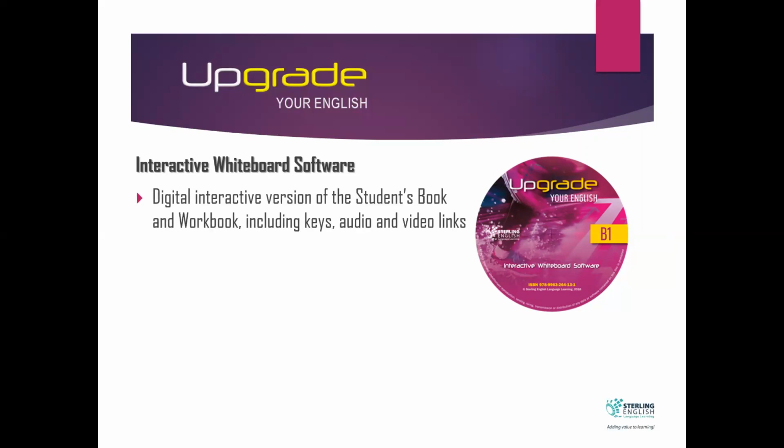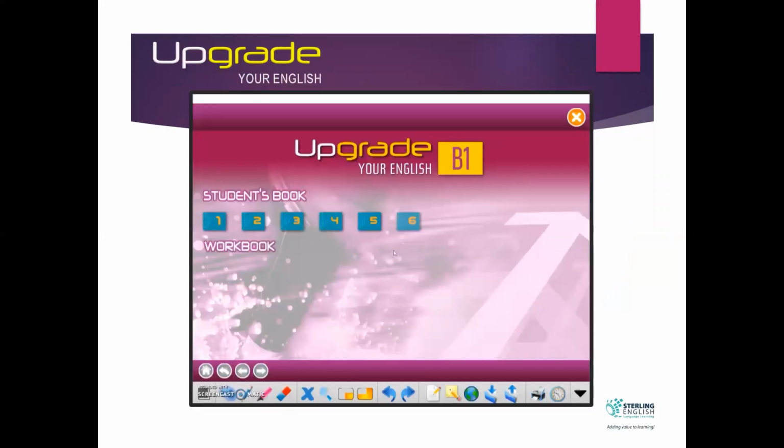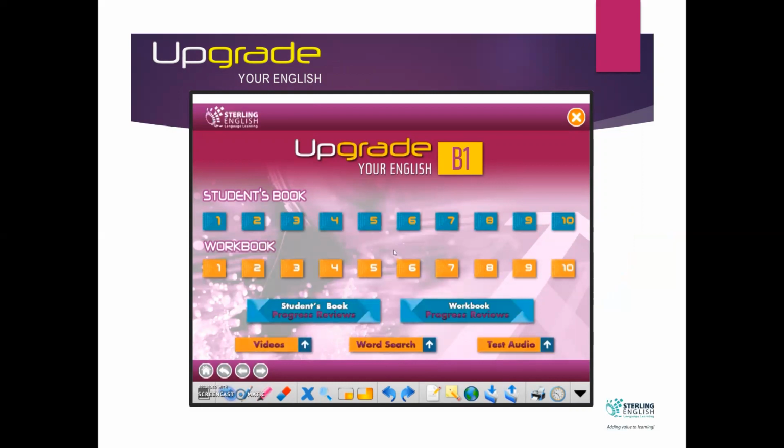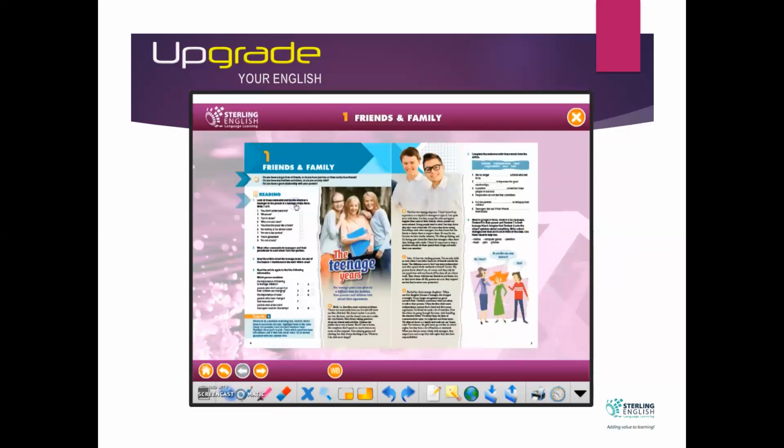This is a digital interactive version of the student's book and workbook, including keys, audio, and video links. There is test audio, and here we have it. As you can see, we have the 10 units of the student's book and the 10 units of the workbook.